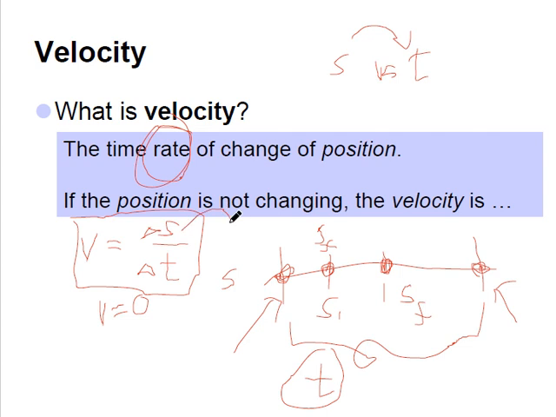Since this is a change, you're going to have a final position and your initial. So if the final is 10 and your initial is 10, 10 minus 10, the same. So therefore, mathematically, 10 minus 10 is 0. So if your final position and initial position are the same, you will have a 0 for it, okay?